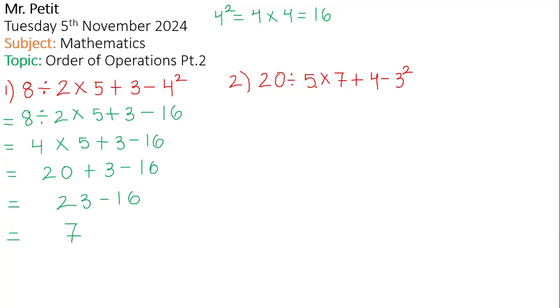So 20 divided by 5 times 7. Again, the same thing. Put your answer inside the chat for me, please.